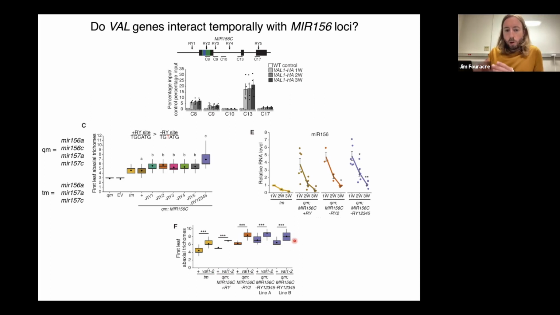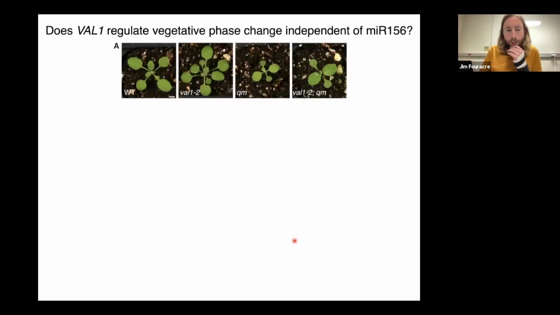And so the most obvious interpretation of this data, I think, is that as well as functioning through 156, VAL genes are regulating phase change via 156-independent mechanisms. And to test this, and this is the final piece of this puzzle, I combined the VAL1 loss of function mutation with the quadruple mutant, where you haven't got any 156 and 157.